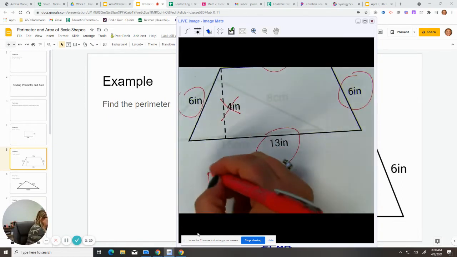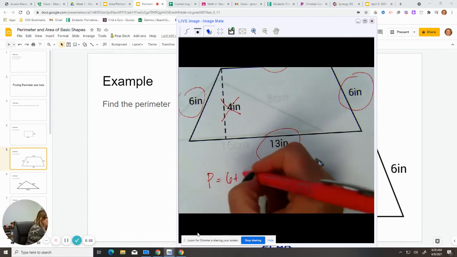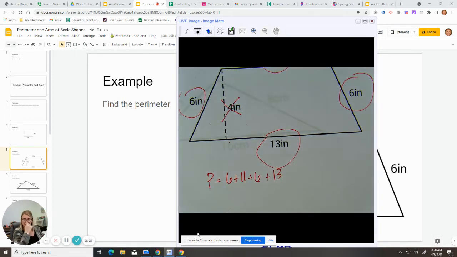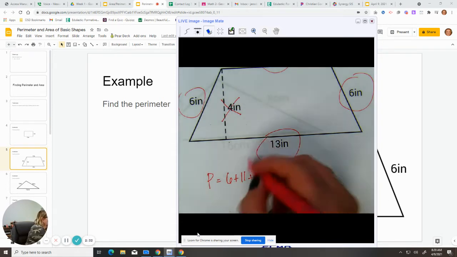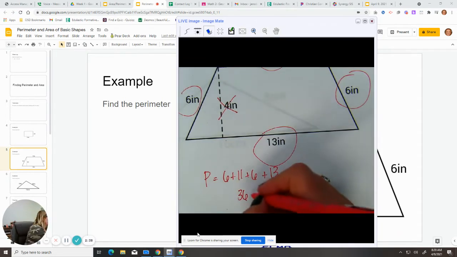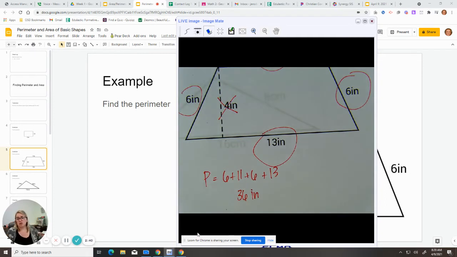So we would say the perimeter of this is 6 plus 11 plus 6 plus 13. 6 plus 11 is 17, plus 6 is 23, plus that is 30, excuse me, 36 inches. And again, make sure that you are putting your units on there if they are available.